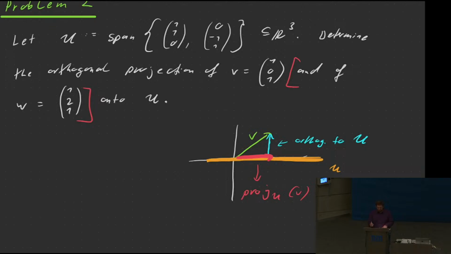Exactly. So the vector is a linear combination of those two, right? You can see that if you just add those two vectors, the result is V. So what does that mean? That means it's contained in U. U is the span of those two vectors, so V is contained in U. Well, if you project a vector onto a space and the vector is in that space already, what happens? You get the same vector.